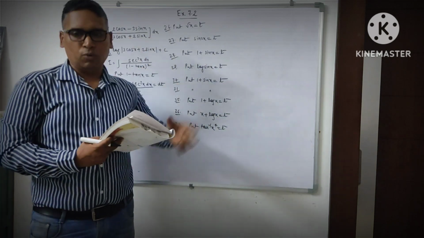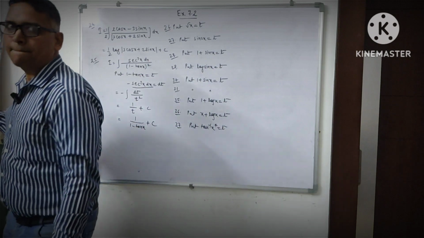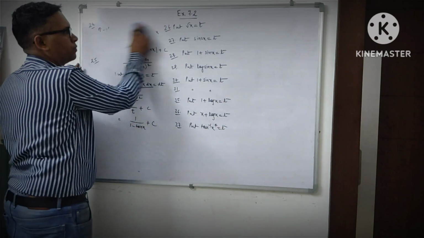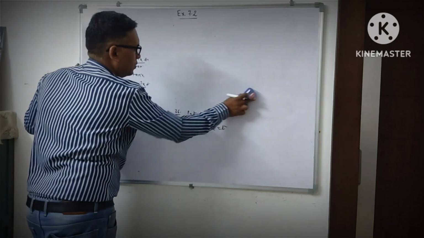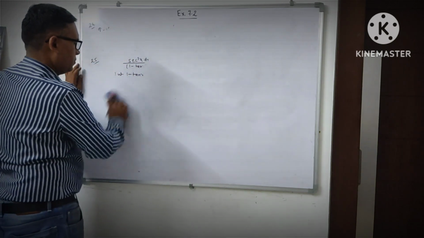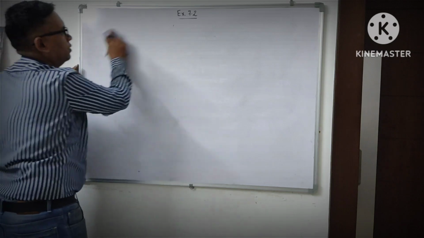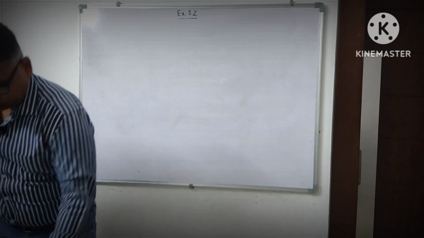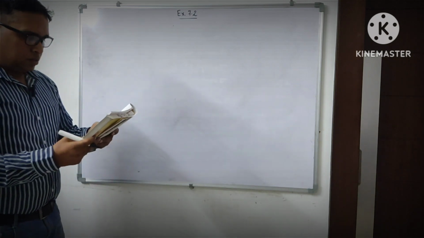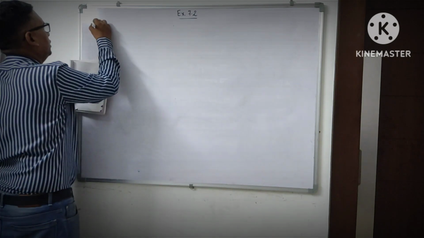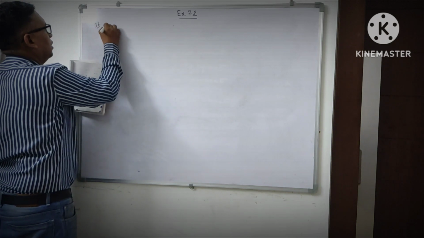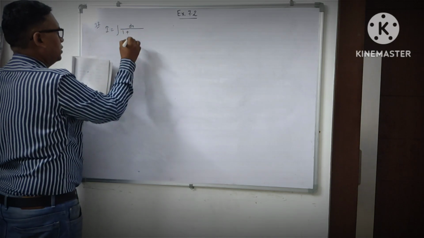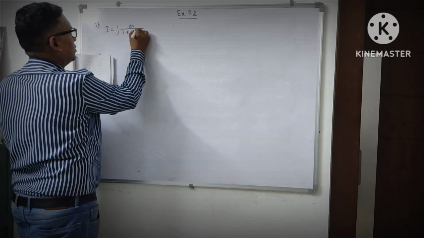So let me rub the board. Now we'll do this one. The 32nd question is an important question, children. The original question is dx upon 1 plus cot x.